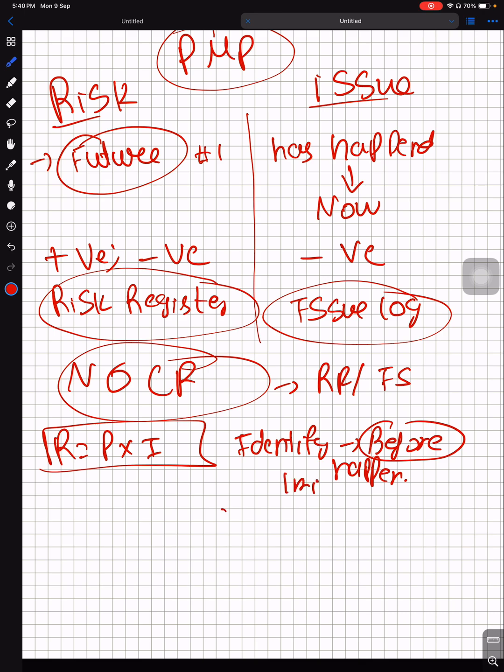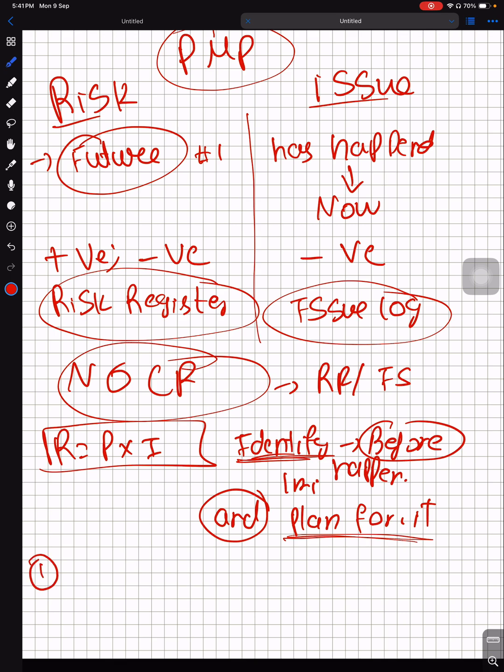And second thing, very important, both of these conditions are critical: you have a plan for it. If there is something you identify and you don't have a plan for it, you will not update the risk register. Okay, so you identify and make a plan for it.